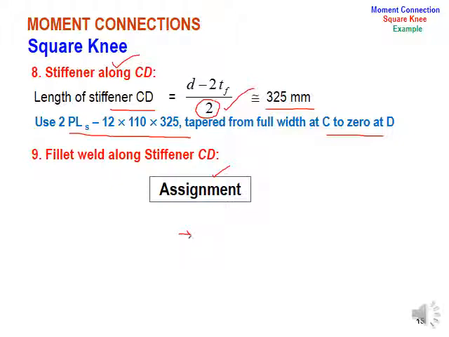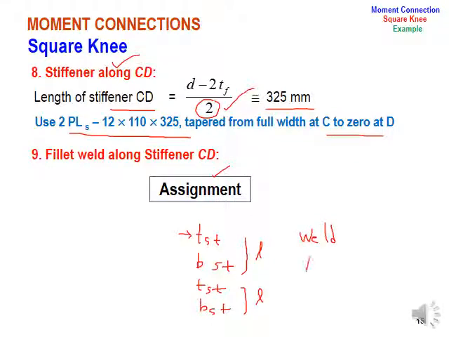You have to give the TST and BST for the diagonal stiffener, TST and BST for the vertical stiffener, their corresponding lengths, and you have to design the welds.